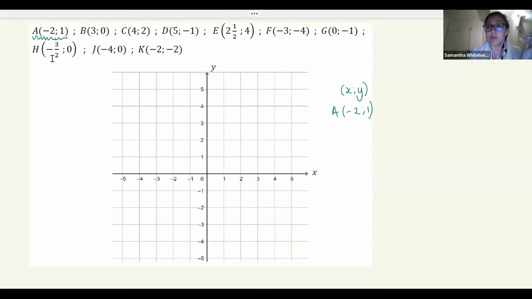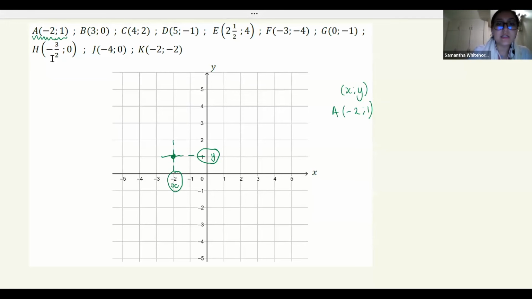I always start with X. X comes first, it just is logical. So X is -2, over here on our X axis, and Y is 1, over here on our Y axis. In order for us to plot that point, we want to travel vertically up and horizontally across until we meet.